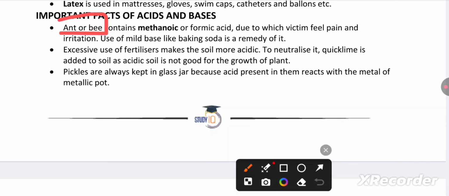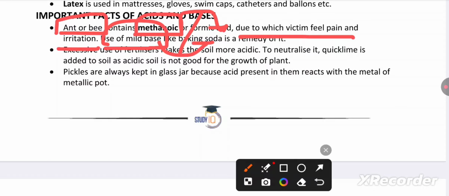An ant bite contains methanoic acid, also called formic acid. Due to this the victim feels pain and irritation, so use a mild base like baking soda.